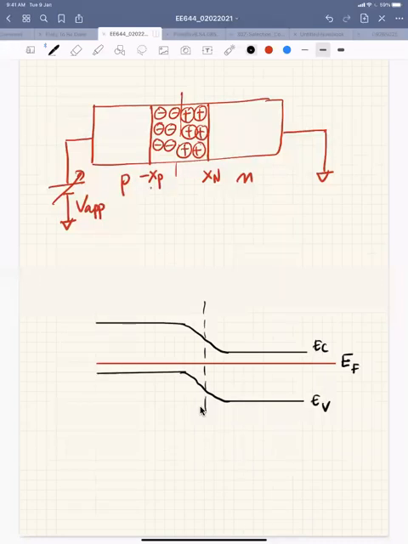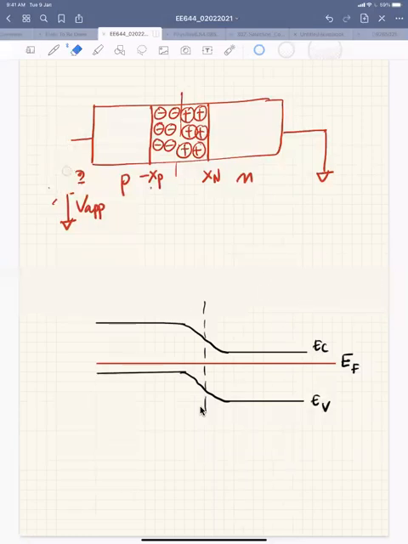So the moment I apply the voltage, there will be a change. Forward bias will be easier if you do it like that.